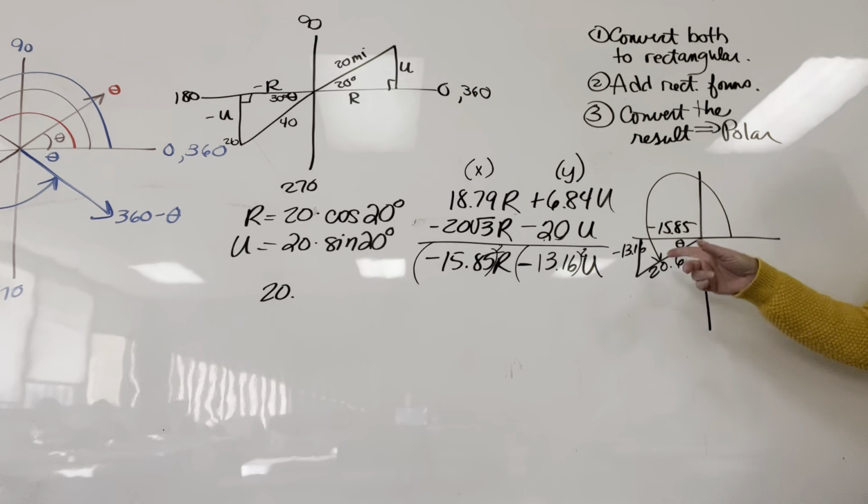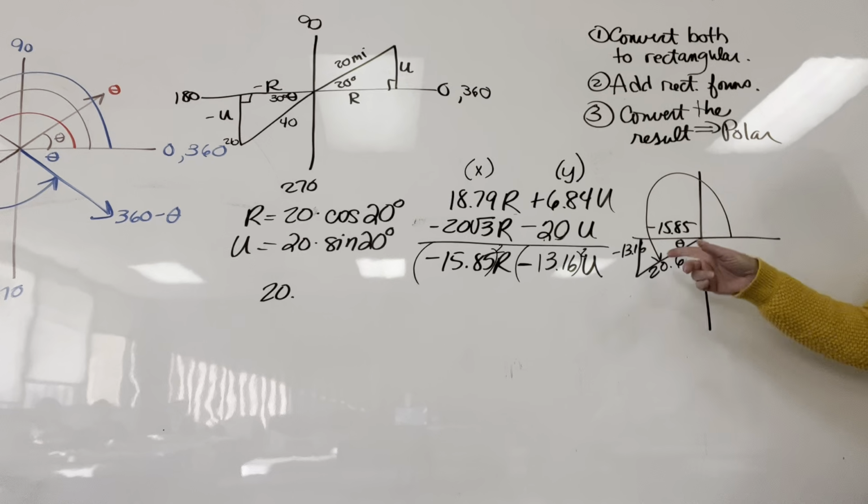Okay, now let's do example 2. I'm going to draw them. We're going to add 30 at 55 degrees. What quadrant am I in? First quadrant. So the angle is 55, so it's 30 at 55 degrees.